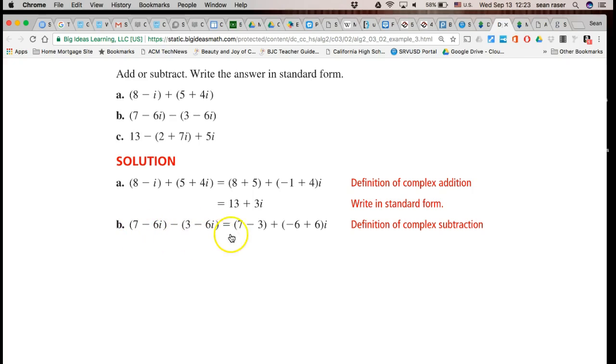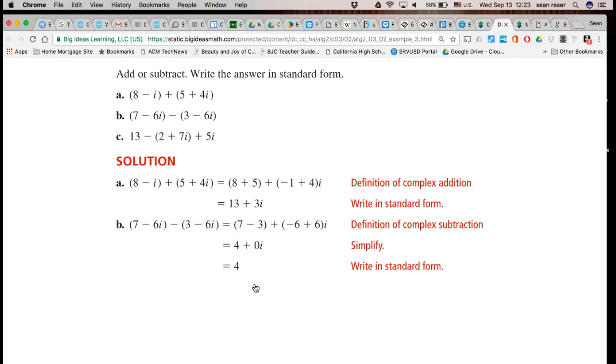So look what we get. 7 minus 3 is the real component, plus, because we're combining it with our imaginary part, negative 6 minus negative 6. So we have negative 6 plus 6. So this ends up being 4, and then negative 6 plus 6 is 0. So we have 4 plus 0i. Now, we don't write out 0i, because 0 times anything, even 0 times i, is just 0. So this would actually simplify to 4.